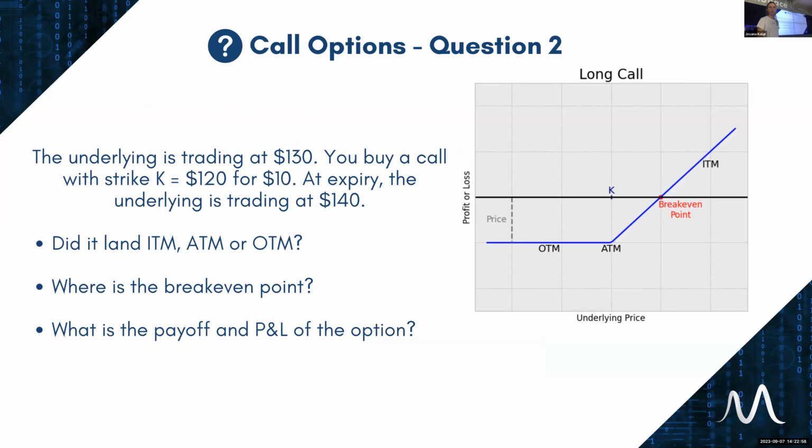Okay. So question 2, we have that the underlying is currently trading at $130. You buy a call with a strike of $120 for $10. At expiry, the underlying is trading at $140. Did it land in the money, at the money, or out of the money?